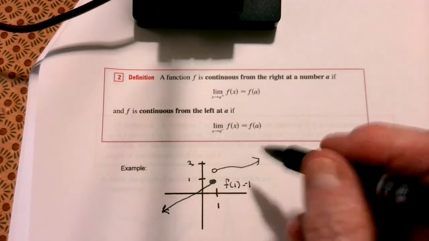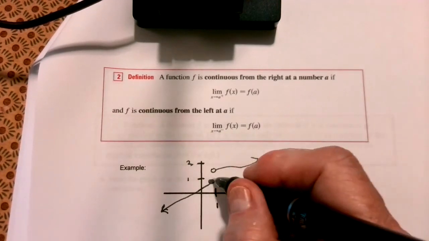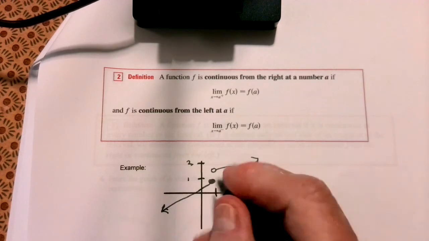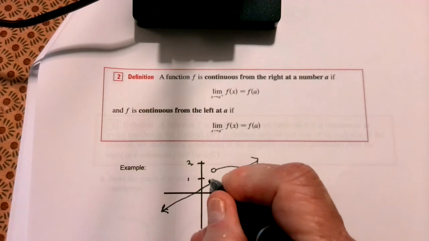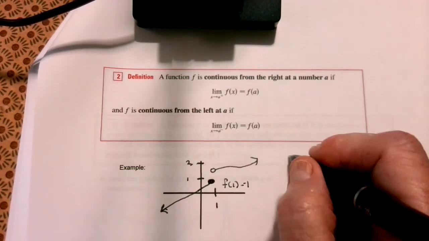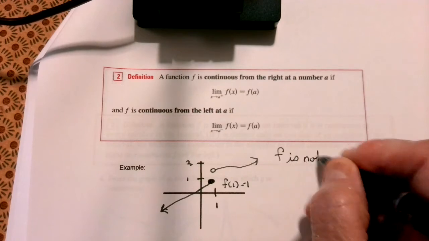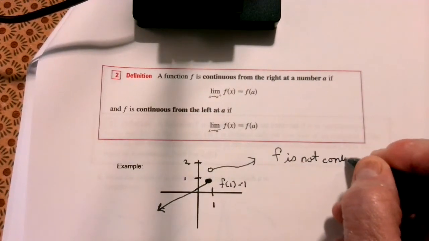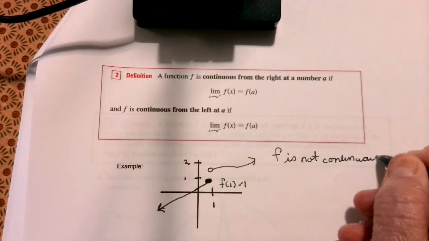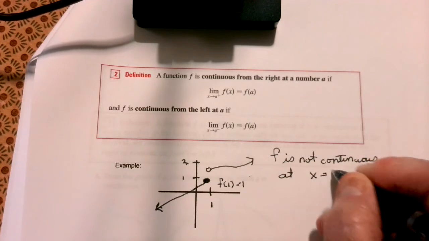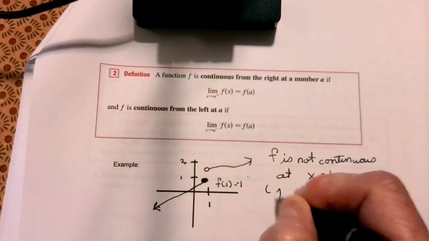And here's a picture of when it's actually continuous from the left. What that means is coming in from the left, you're coming into the solid dot. First of all, let's talk about f: it is not in general continuous. At x equal 1, there's a jump discontinuity.